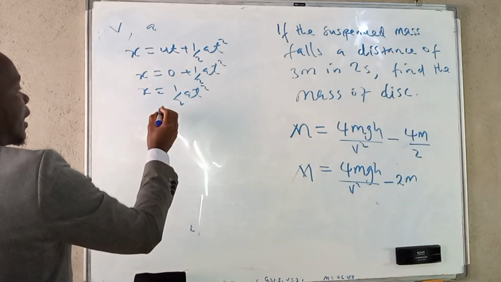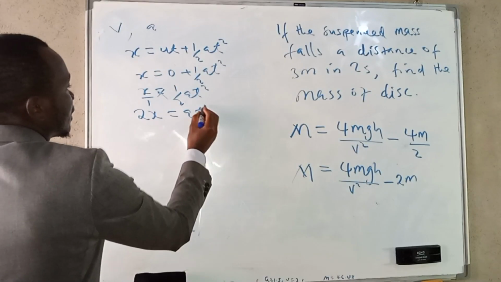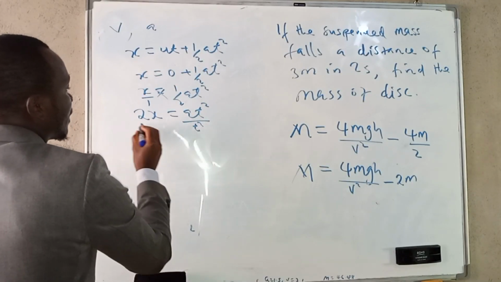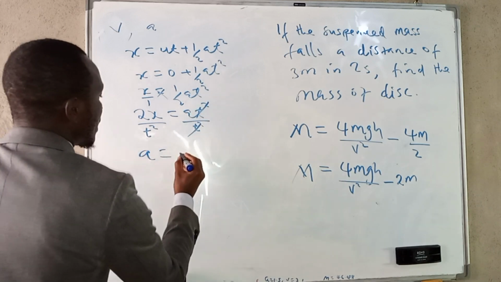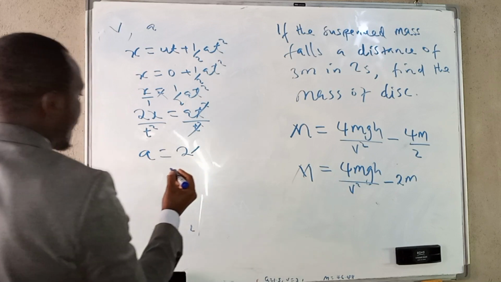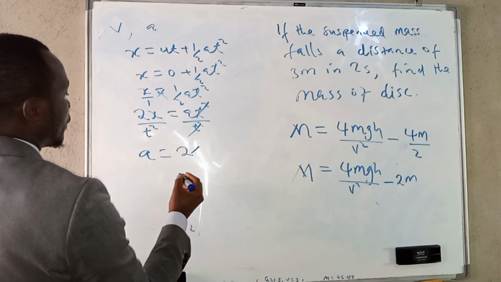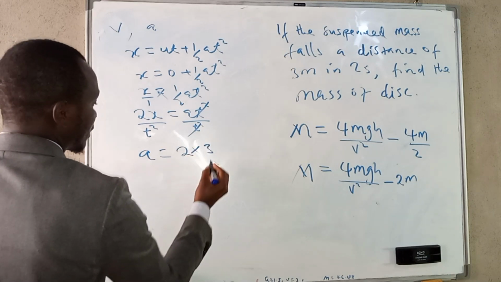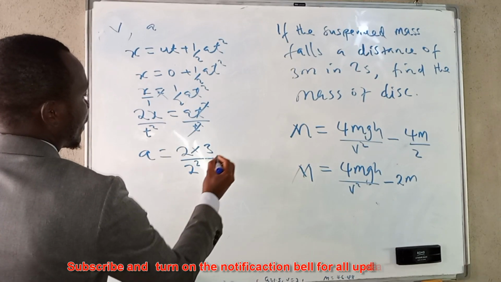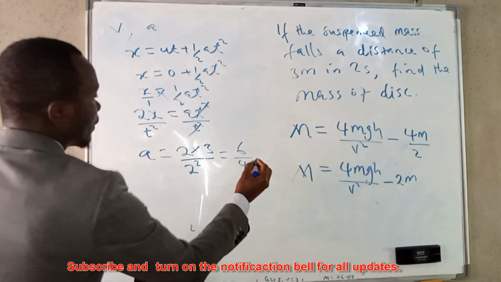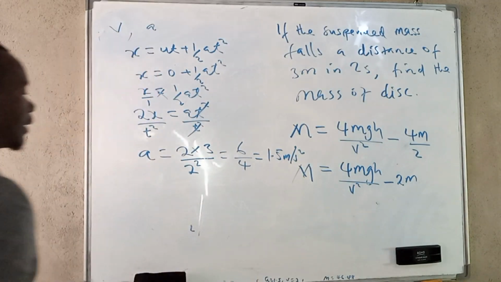When we cross multiply, 2x is equal to a t squared, so our acceleration will be 2 times the displacement over t squared. That is 2 times 3 over 2 squared, so 6 over 4, which gives us 1.5 meters per second squared.